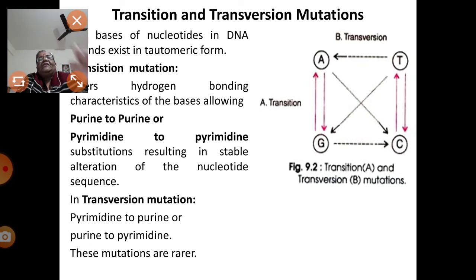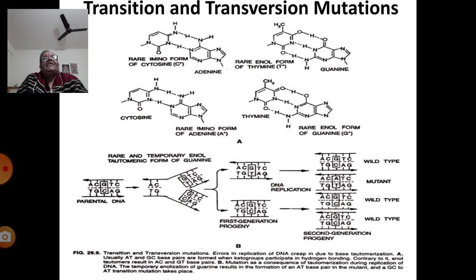On the other hand, in transversion mutation, here pyrimidine to purine or purine to pyrimidine, case B here in the diagram. Transversion mutations are quite rare. So here you can see the representation.